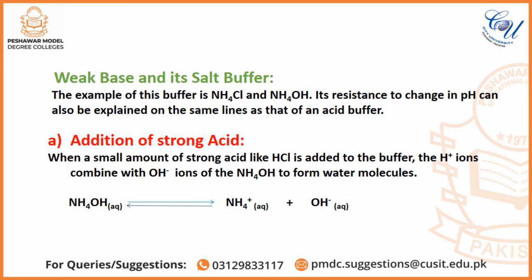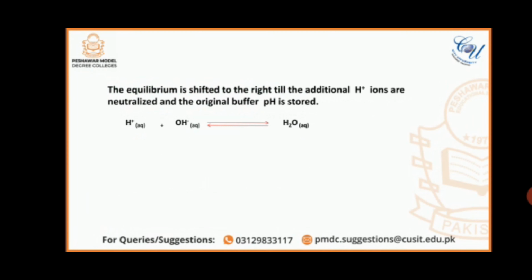Now by adding a strong acid, when a small amount of strong acid like HCl is added to the buffer, the hydrogen ions combine with hydroxide ions of ammonium hydroxide to form water molecules. The equilibrium is shifted to the right till the additional hydrogen ions are neutralized and the original buffer pH is restored.